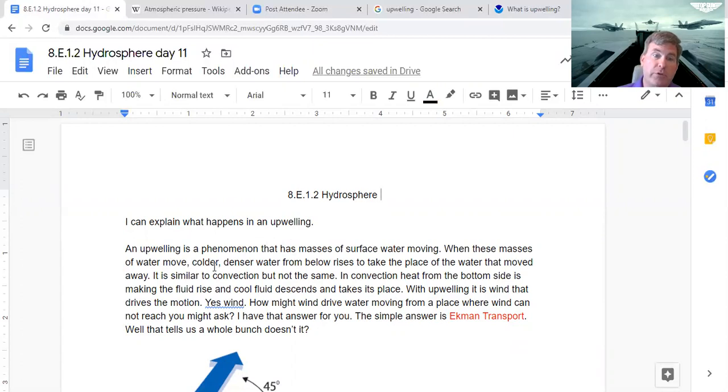It's where colder, denser water rises. Upwelling is a phenomenon that has masses of surface water moving. When these masses of water move, colder, denser water from below rises to take the place of the water that moved. Reason why? Ekman transport.